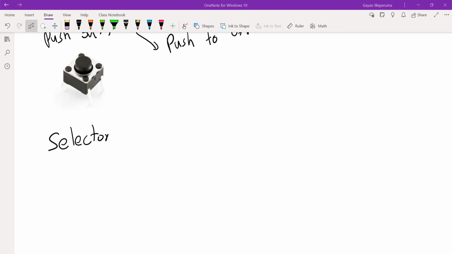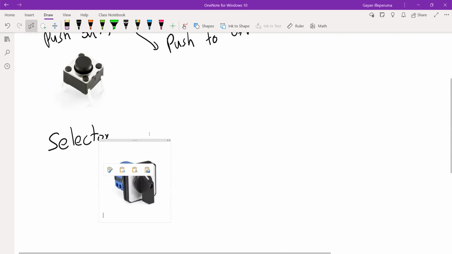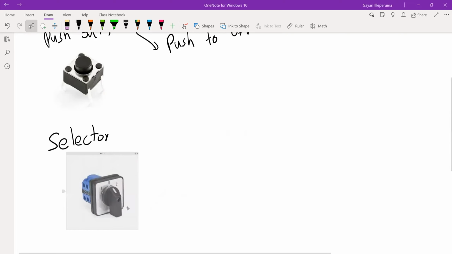Let me show you an example. There are different types of selector switches. Now, this one is a different type of selector switch. For example, in a car ignition, you have different places where you can put the ignition key and select what the operation is.